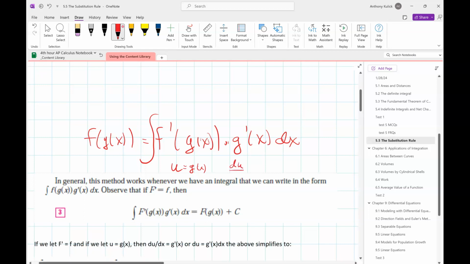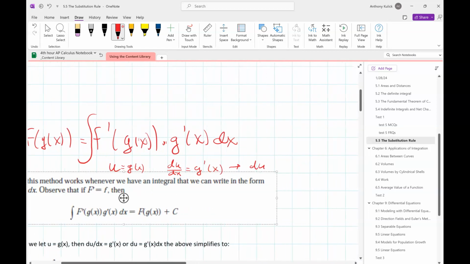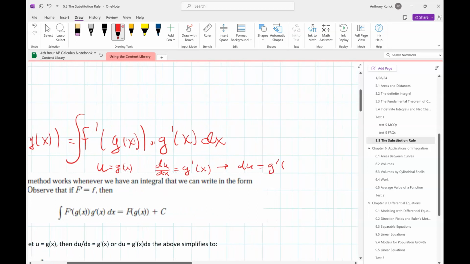and if I do the derivative of u with respect to x, that's just going to be g prime of x, right? And if I multiply both sides by dx, we have that g of x is u, and g prime of x dx is du.